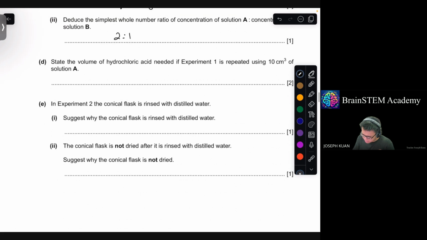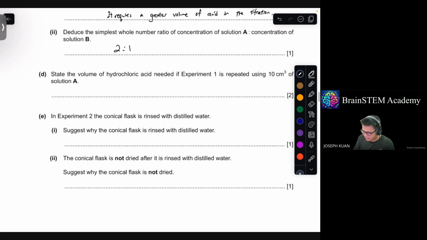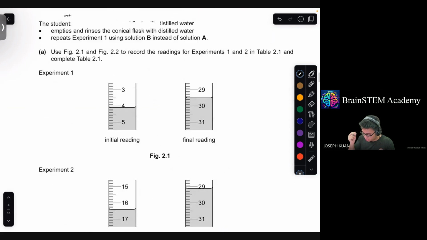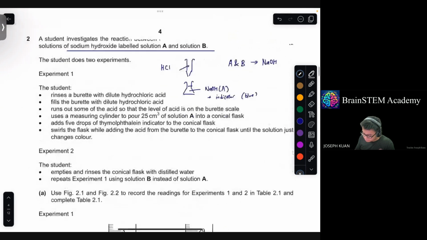Moving on to D, state the volume of hydrochloric acid needed if experiment 1 is repeated using 10 cm³ of solution A. Let's refer back to the question first.